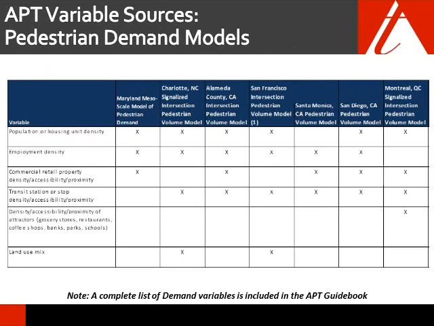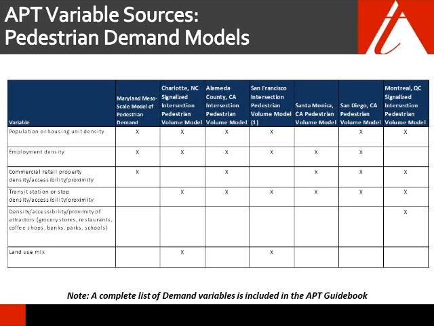If we're considering the factor of demand, a number of variables could be used to represent that as well, but previous studies have shown that there are some very common variables associated with pedestrian demand, including population density, employment density, commercial retail property density, and proximity to transit stations. So those are some of the variables that we would suggest taking a look at in a prioritization process, and we show the references that those variables come from. So I'll turn it back to you, Michael.